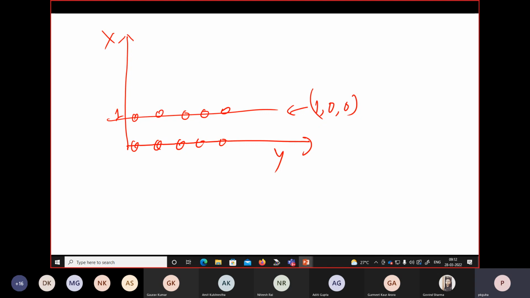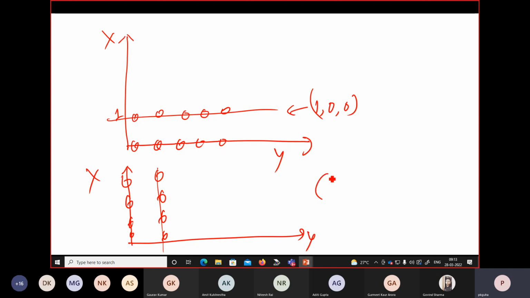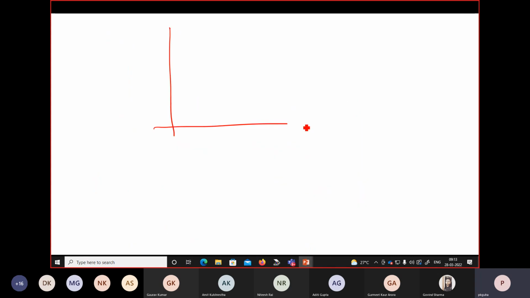Similarly, we can have the Miller indices of this plane. Say this is my lattice atom, and this is x, y. So here the Miller indices will be 0 1 0, right? Z is 0, and so on. So Miller indices can be of this type also.